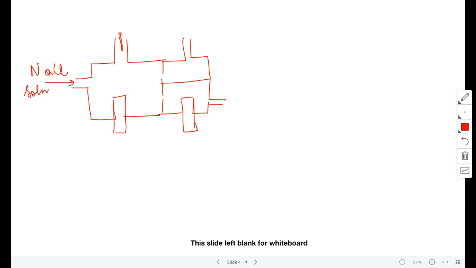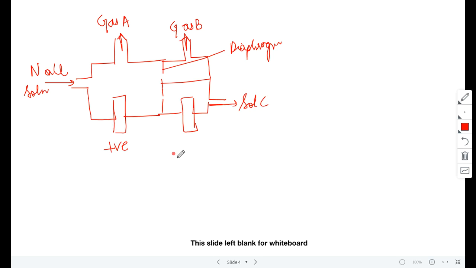Here something is coming out, we call it gas A. Here something is coming out, we call it gas B. It's just for your practice. We call this a diaphragm. Basically it is keeping two things different. And here we have a solution C. This is a positive electrode and this is a negative electrode.